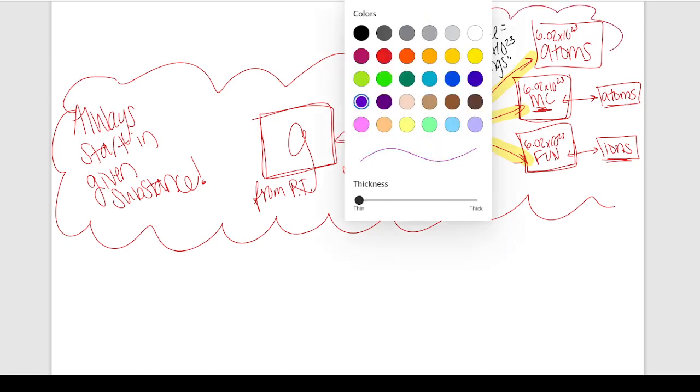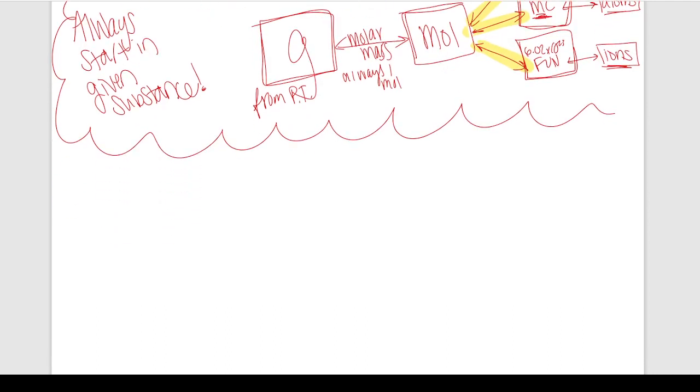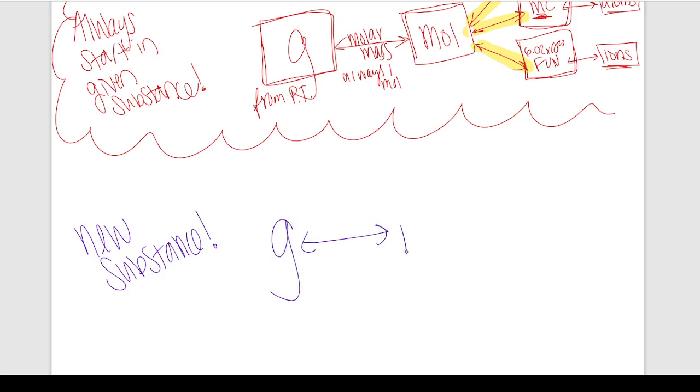Then I'm going to change colors just to show you can also change substances. And so basically this is the difference between stoichiometry that we're doing this term versus just regular dimensional analysis that we did last semester. If you are changing substances, I'm going to say new substance, and give an exclamation point there, you have the same map between grams and moles and each of your particles, atoms, molecules, formula units.